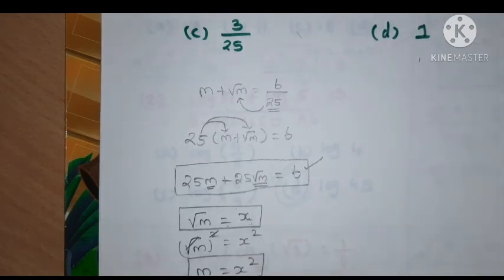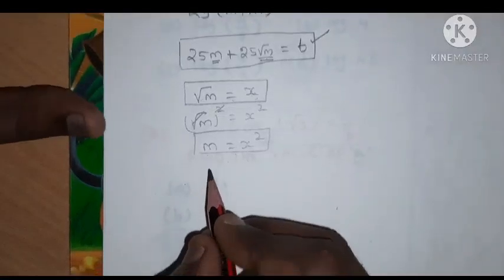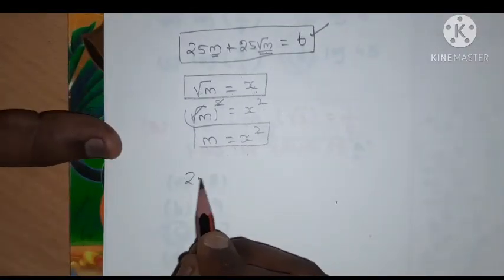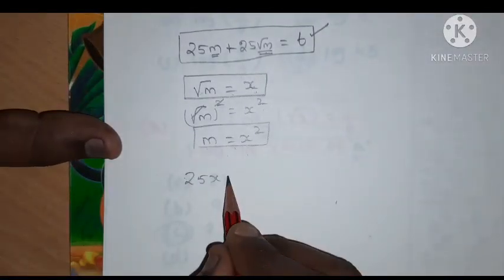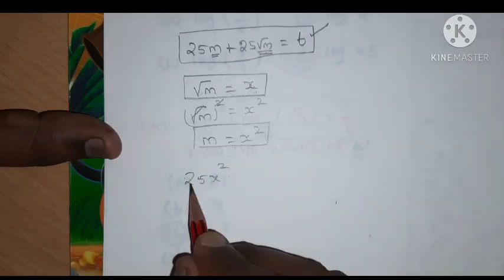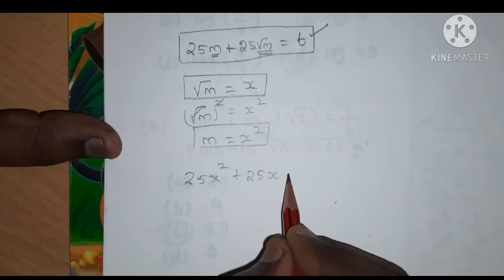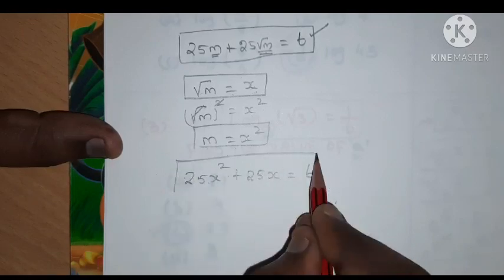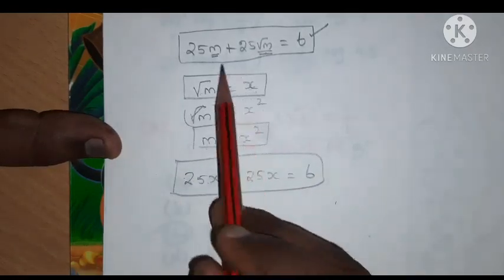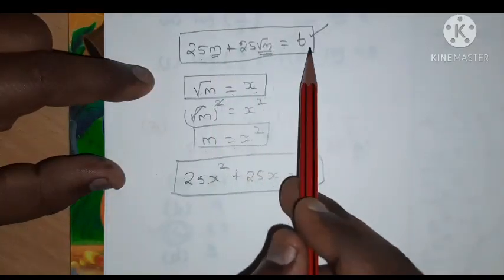So 25x squared plus 25x is equal to 6. That's the new expression we got. We had 25m plus 25 root m is equal to 6.